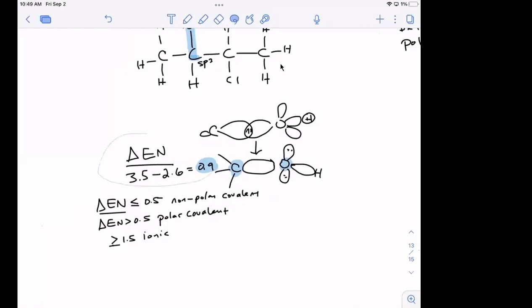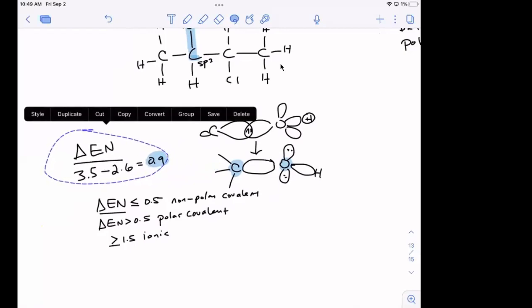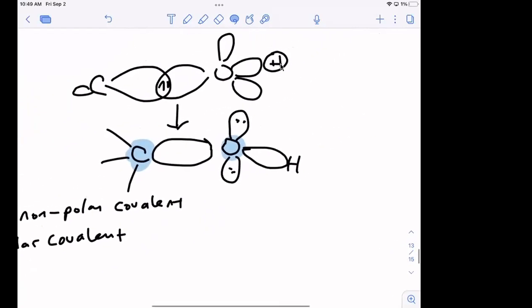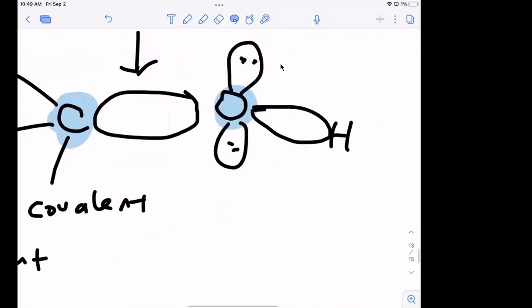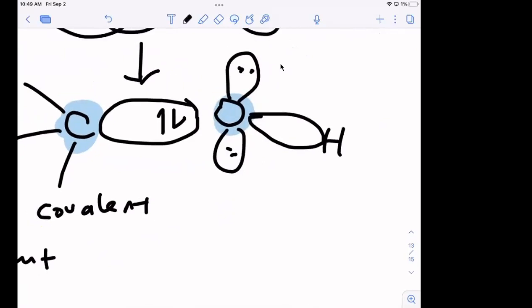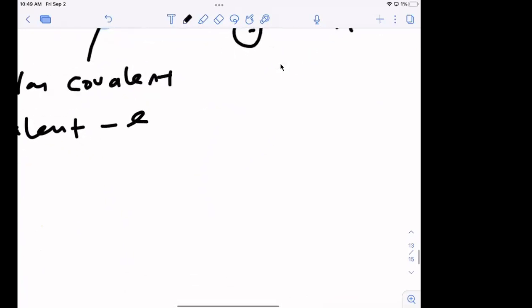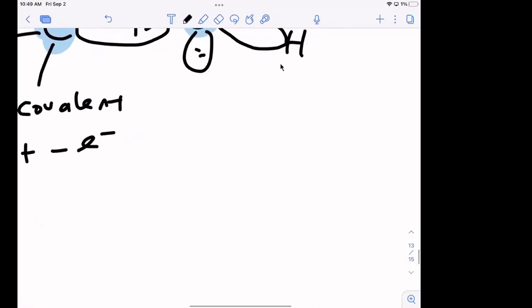If we know the electronegativities, we can look on the periodic table or we can Google them, right? But now we know that this is a polar covalent bond. So what that means is that the electrons that are shared are closer to the more electronegative atom.